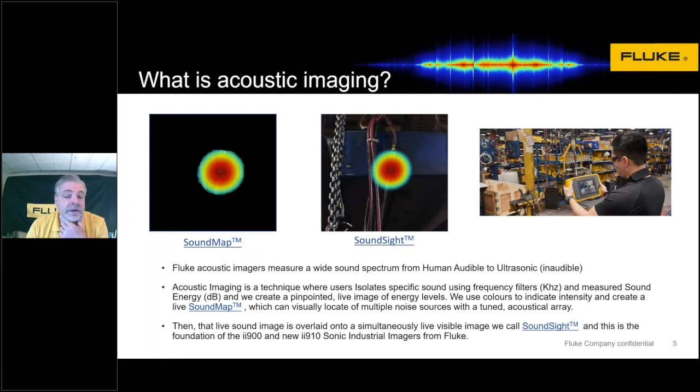The ii900 will get us up to 50,000 hertz, and it gives us the ability to measure the sound energy in an array and determine where the sound is coming from and overlay the intensity of that sound on a visible light image. The SoundMap is what we call the array of information, and SoundSight is when we lay it on top of visible imaging.